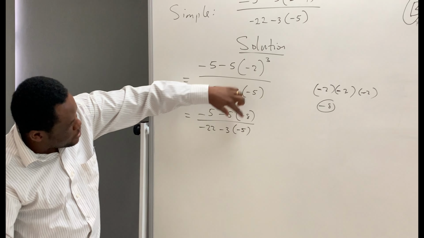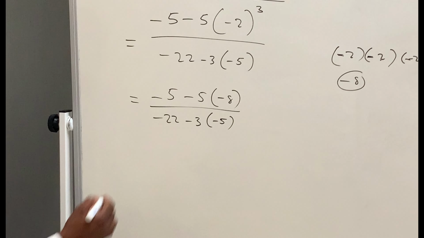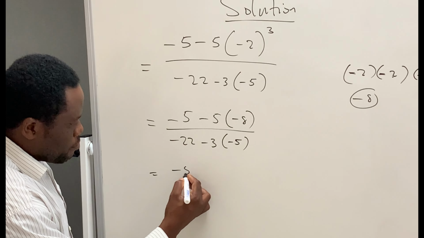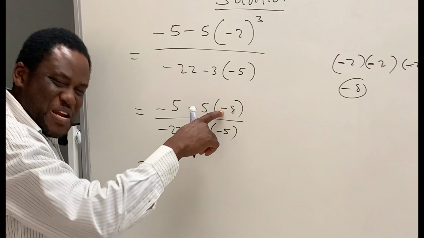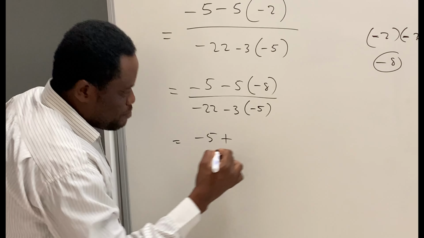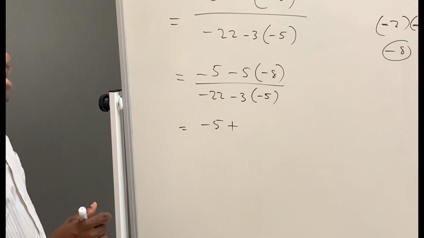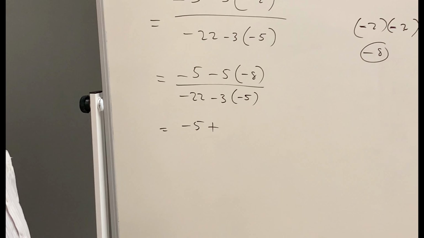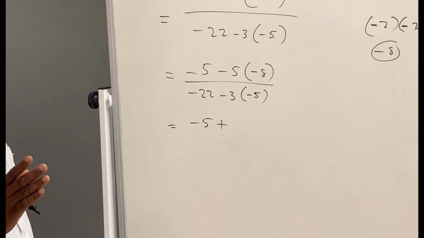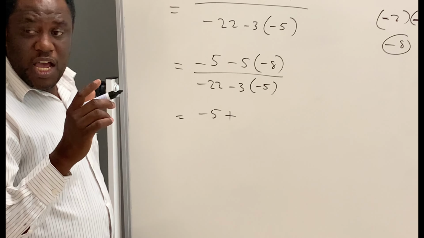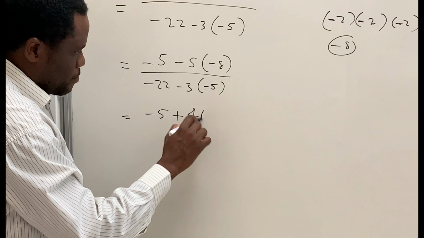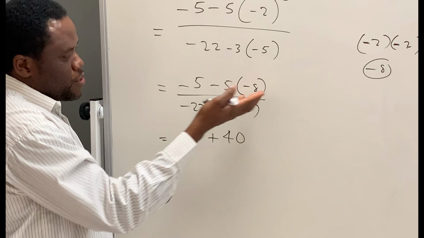Now we can open this bracket. We have minus 5 minus minus is plus. And then 5 times 8 is 40. So we are done with the numerator.